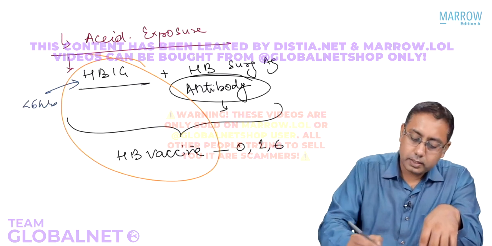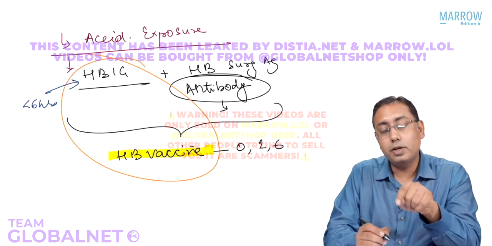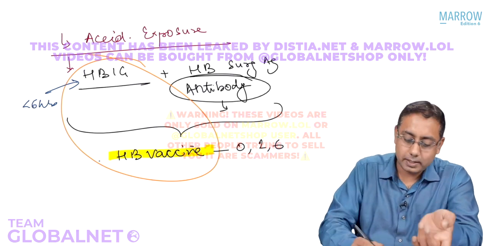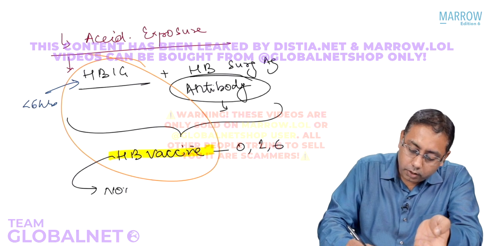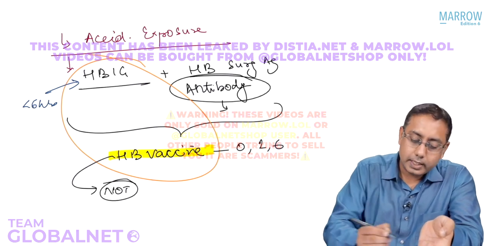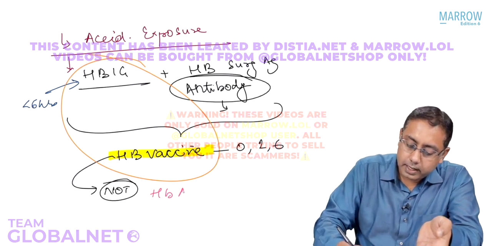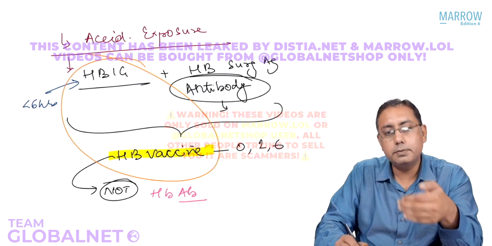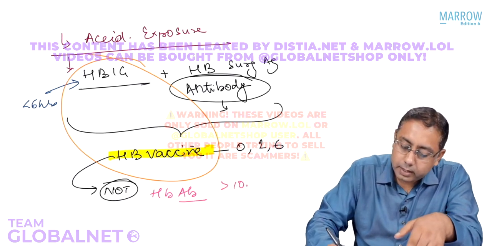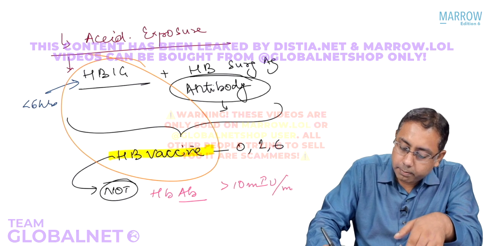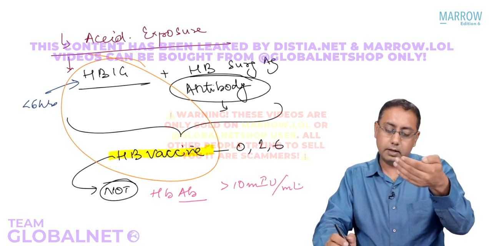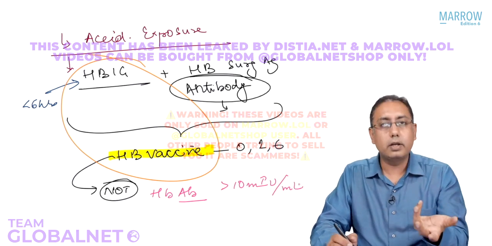Please also note that this can be an MCQ, that in what cases we are not going to give the hepatitis B vaccine. In case the HBs antibody level is more than 10 milli-international units per ml, then the HBV vaccine is not required.